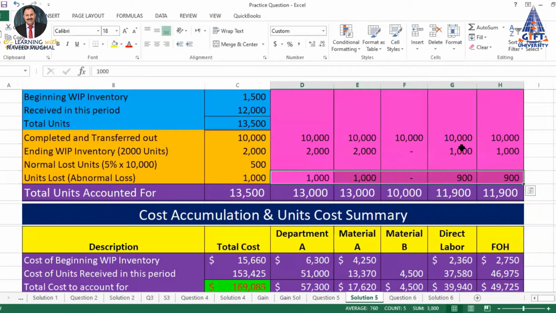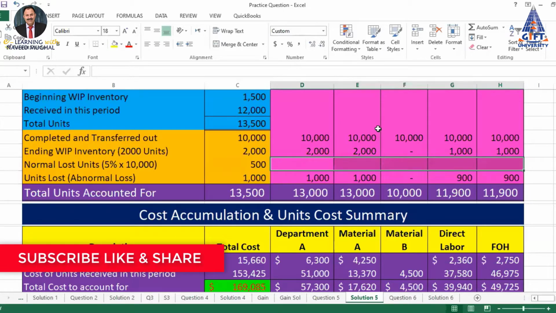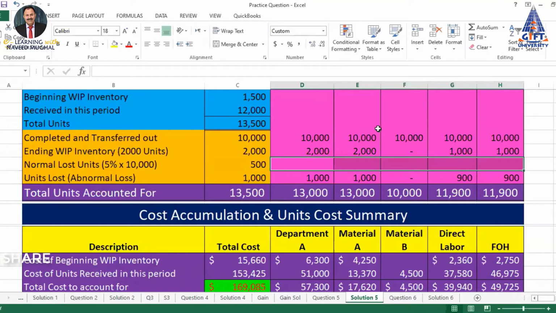And when we don't have to separate that loss, then we need not add this to our calculation of equivalent units.